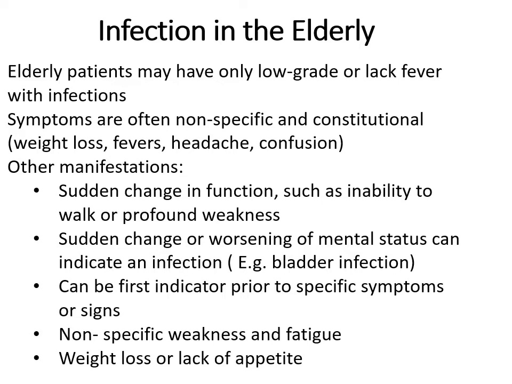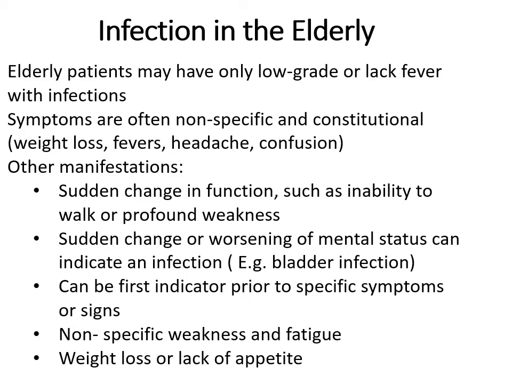Okay, so in the elderly, symptoms can be very non-specific. They can come in with an infection, but really have non-specific symptoms such as weight loss, a headache, and very commonly confusion. Even a bladder infection can cause confusion in the elderly.